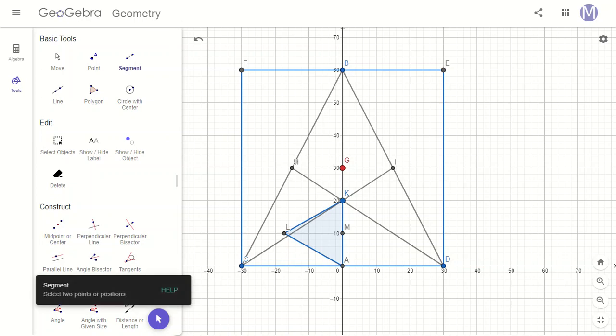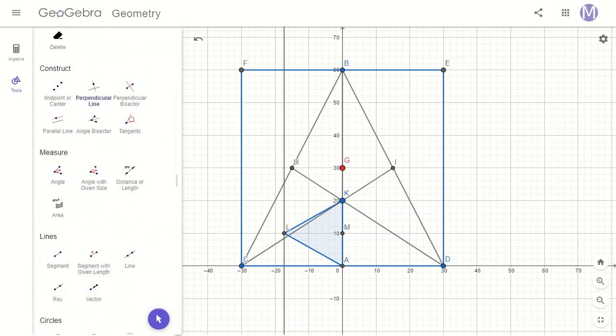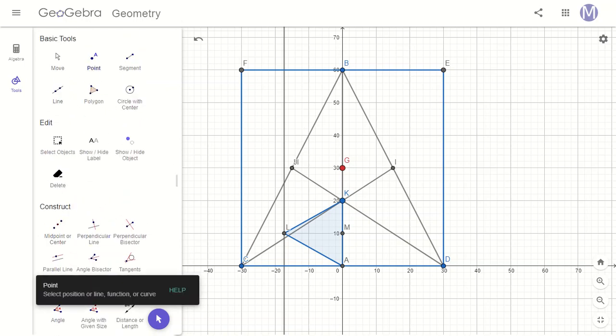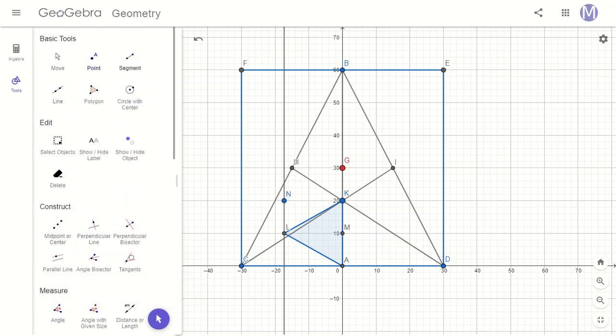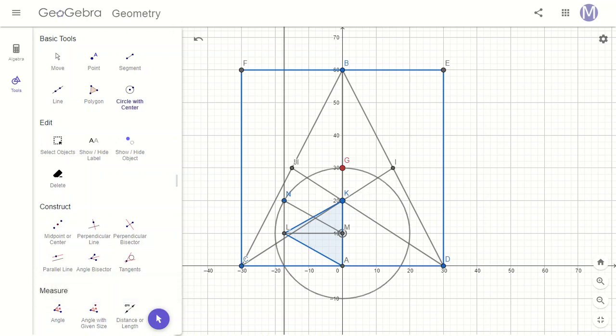I can't throw my line segment yet, so I need a few other lines. Let's put a perpendicular here so I can transfer. And there we go. Now I can. Got this one. Now let's throw our circle in there.